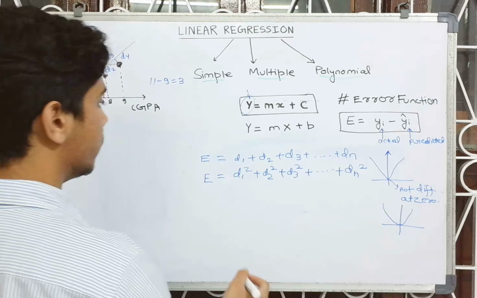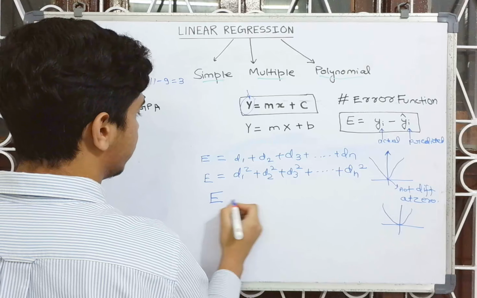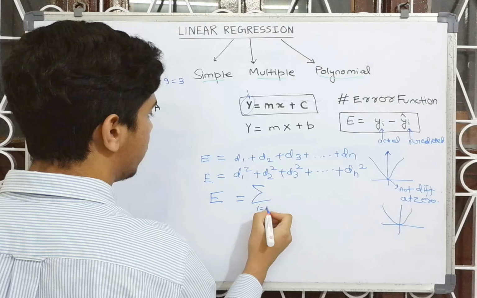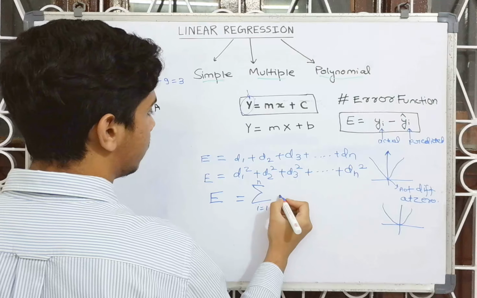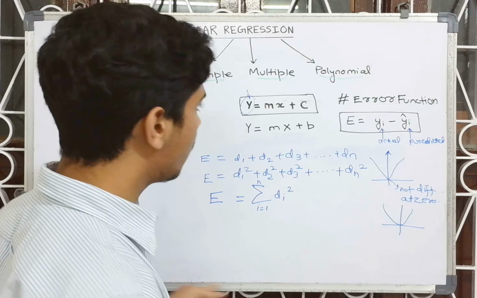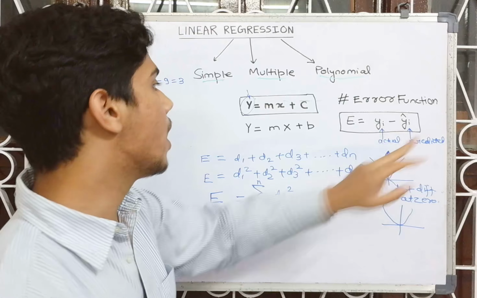Now let's solve it further. Here we can write it like this: E equals summation of i equals 1 to n, di whole square. What is d? D is nothing but yi minus yi cap.